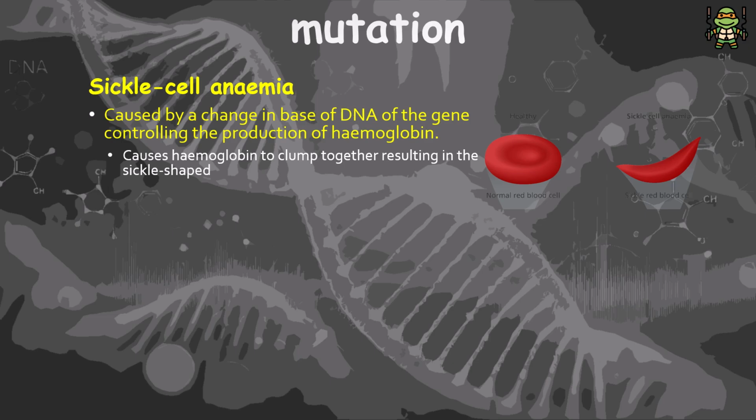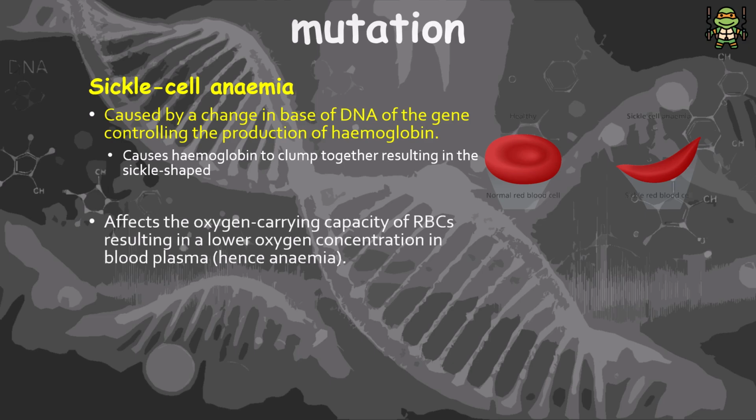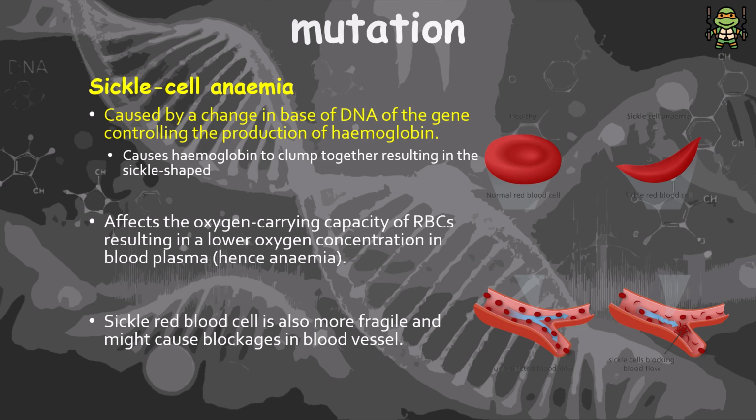This mutation affects the solubility of hemoglobin, resulting in the cells clumping together and causing the red blood cells to become sickle-shaped.